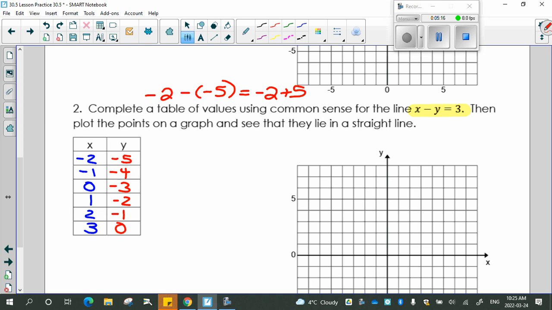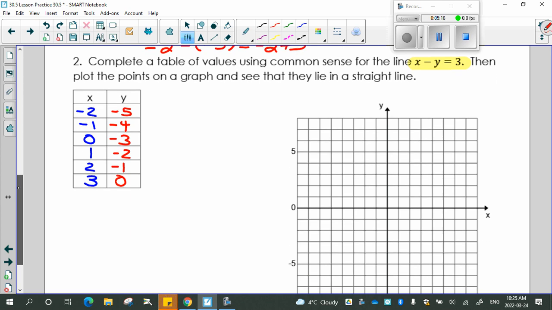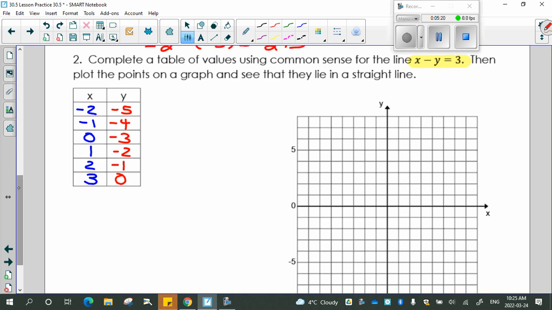Then we want to plot them on our graph. And then you can just fill them out once you notice the pattern.